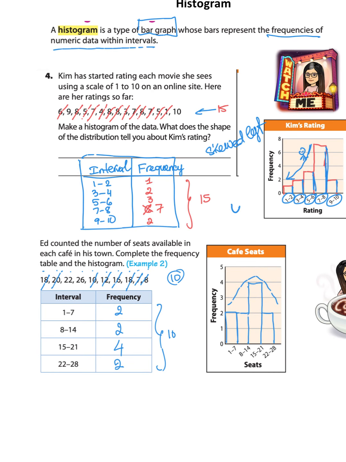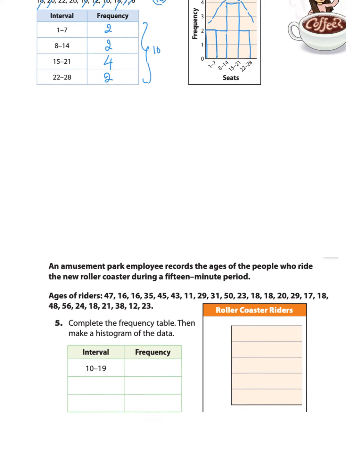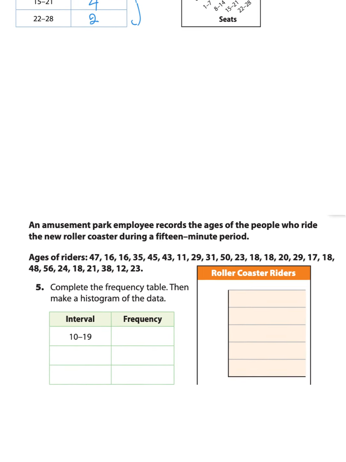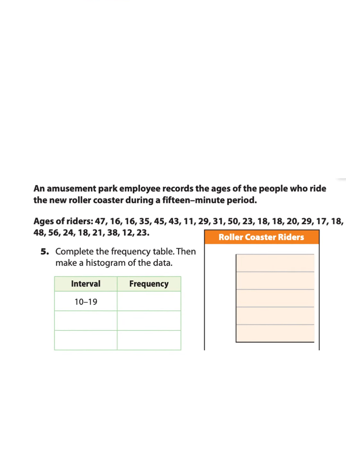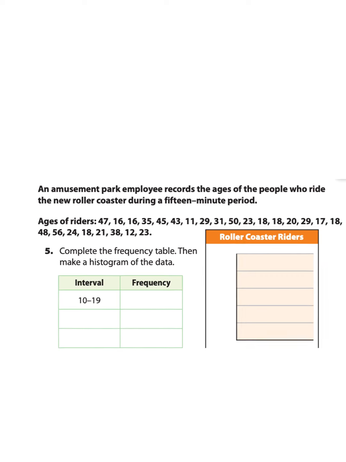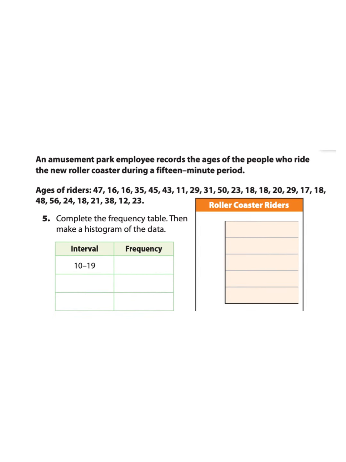Okay, next one. A museum park employee records the ages of people who ride the new roller coaster during a 15-minute period. So we have some ages of the riders. The youngest is 12 years old, and the oldest person who rides the roller coaster is 56 years old.